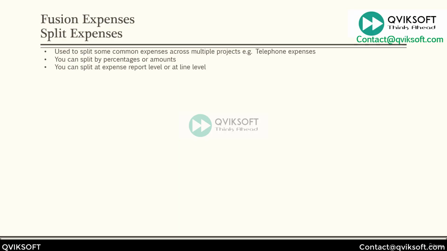You can split at expense report level or at expense line level. There is no option called split at expense report level as such. But if you have 10 expense report lines and you select all those lines and then choose split, then whatever formula or ratio percentage you give, it will apply that to all the lines.